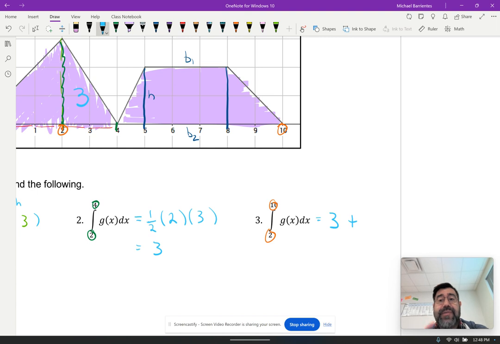The formula for a trapezoid says 1/2 the height, which in this case is 2, times base 1 plus base 2. Base 1, which is 1, 2, 3, plus base 2, which is 1, 2, 3, 4, 5, 6. And then that's going to give us the total area of the trapezoid.